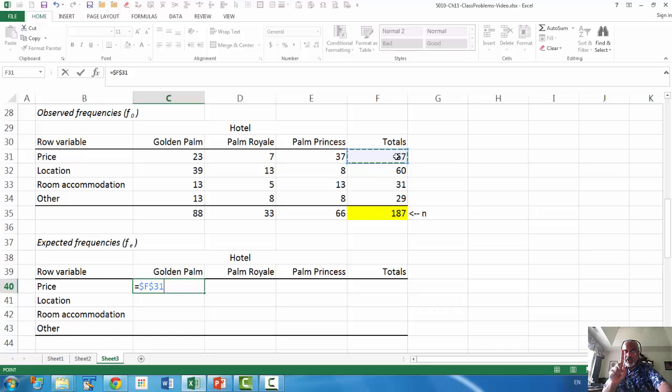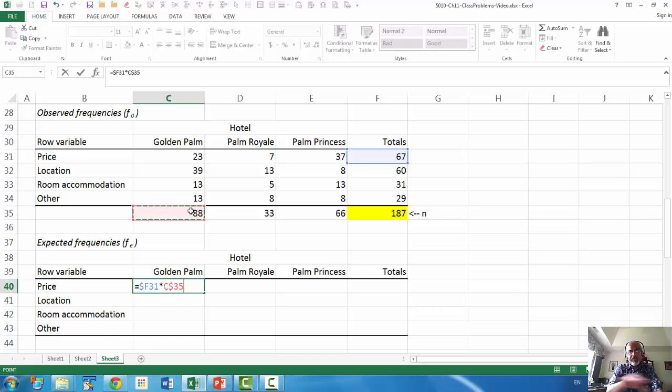You have to set up a formula for one cell and copy it across. So here F is fixed. The row must change from 31 to 32 to 33, so the dollar sign should go for F. And then the column total, and the column should change.